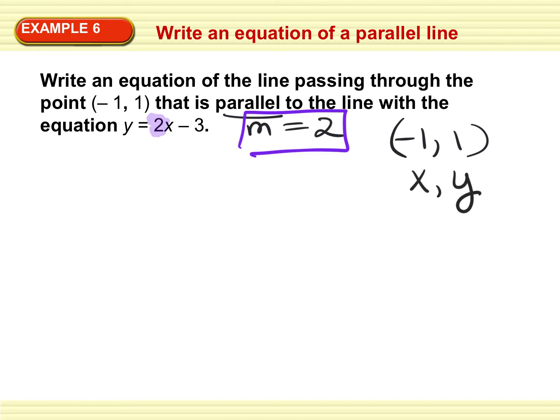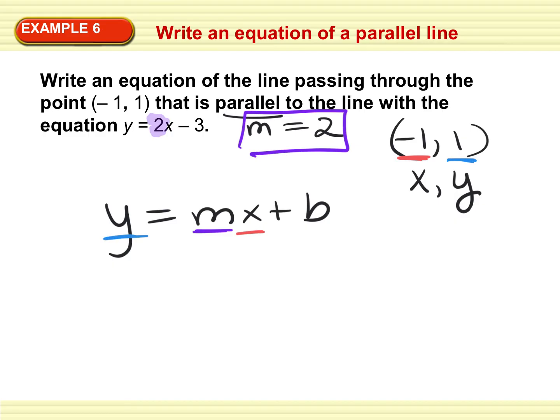So what I need to do is take y equals mx plus b, and I'm going to replace the m with the 2. I'm going to replace the x with the -1, and then I'm going to replace the y with a +1. And I'm going to solve for b. So step number 1 is to find the correct slope.